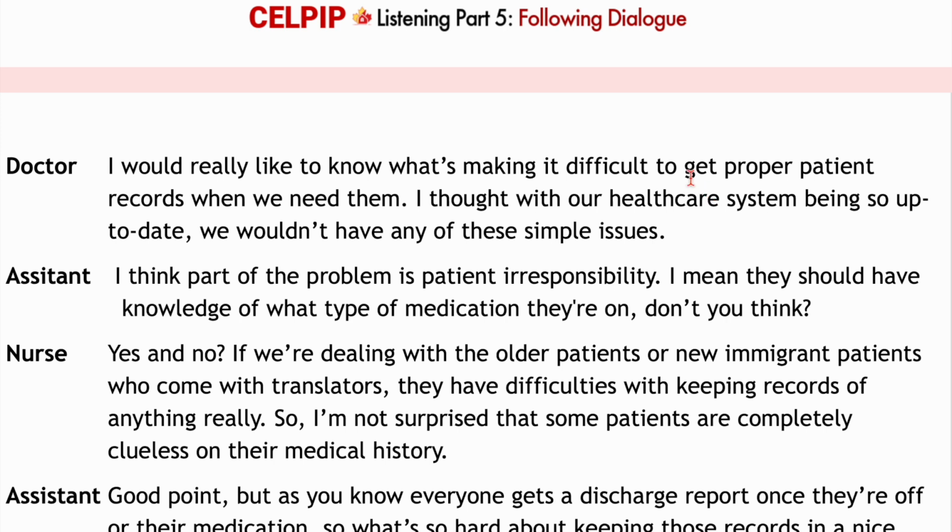Okay, so get proper patient records. I think part of the problem is patient irresponsibility. I mean, they should have knowledge of what type of medication they're on, don't you think? Yes and no. If we're dealing with older patients or new immigrant patients who come with translators, they have difficulties with keeping records of anything really. So I'm not surprised that some patients are completely clueless on their medical history.